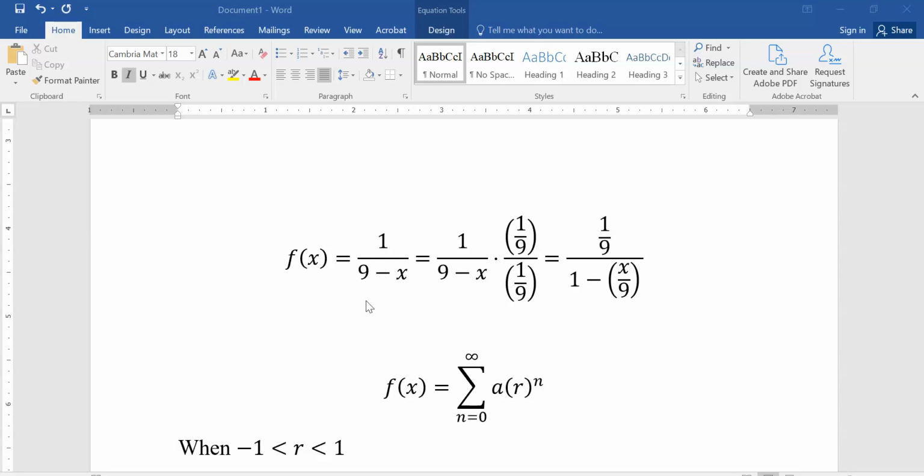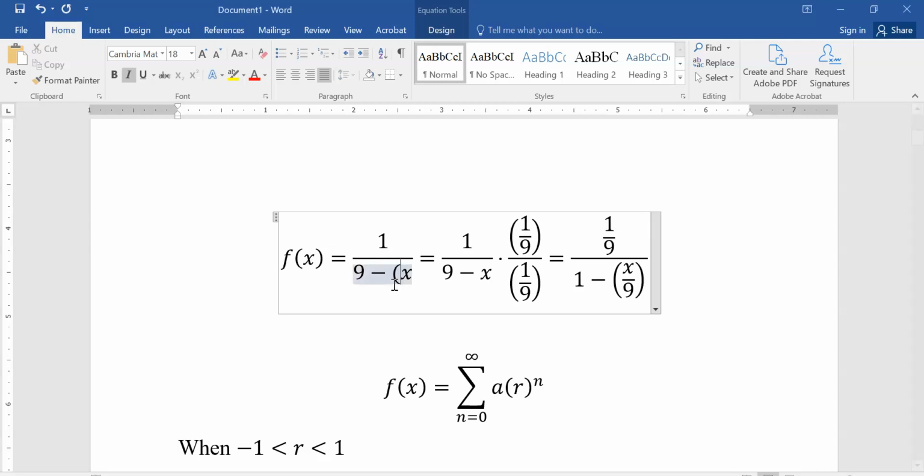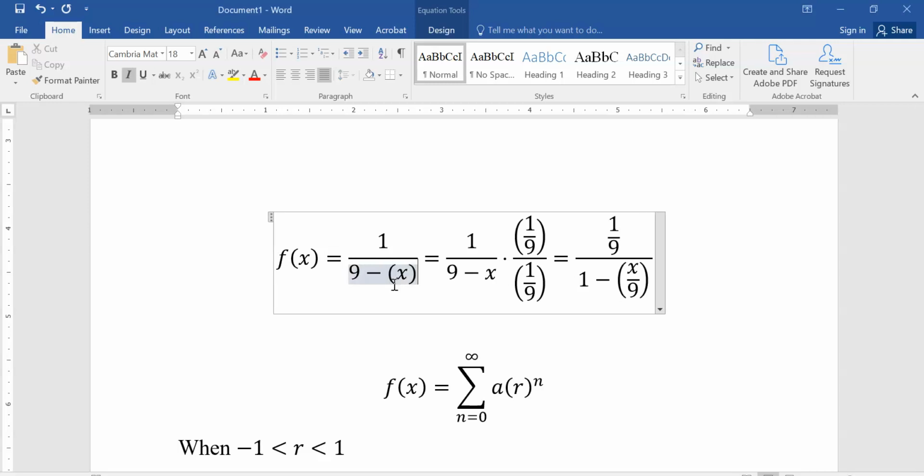Well, quite simply, we take a look at 1 over 9 minus x. We already have this centered at 0. A lot of times I like to put parentheses around the x once I've centered it at the right place. So we've already centered this at 0, but we need 1 over 1 minus r instead of 1 over 9 minus r.